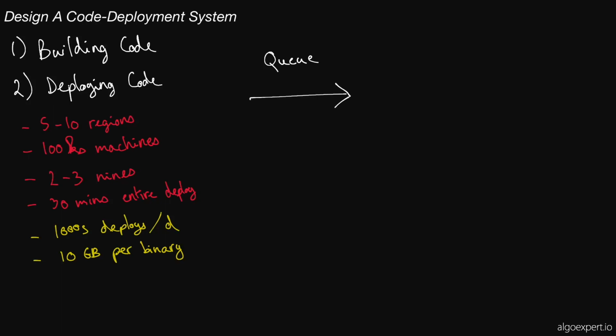Then you've got a bunch of servers that take jobs off the queue. These servers run these jobs, they build the code into binaries, and then they store the binaries into, let's say, one blob store, which is going to be GCS, Google Cloud Storage, just because I'm familiar with this one. That would be the system.